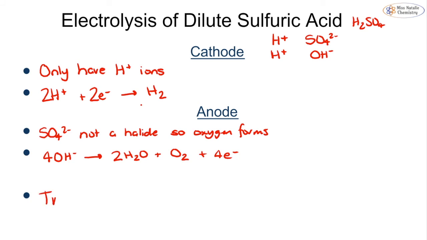And what we see is that twice as much hydrogen is formed compared to the oxygen. And this can actually be an experiment to prove that water is H2O. I could take the water and I could electrolyse it and form H2 and O2, and I would make twice as much hydrogen as I do the oxygen. But I also see that with the dilute sulfuric acid.